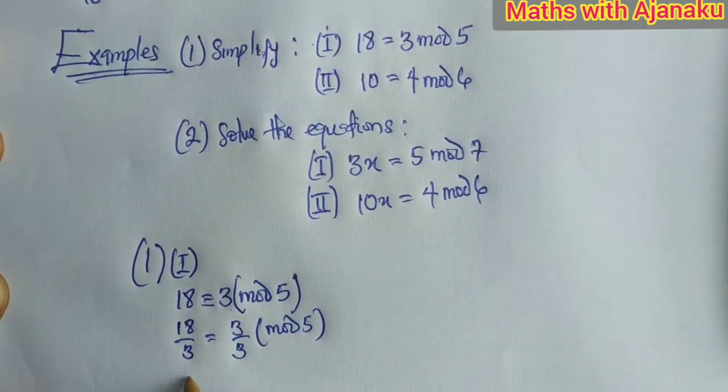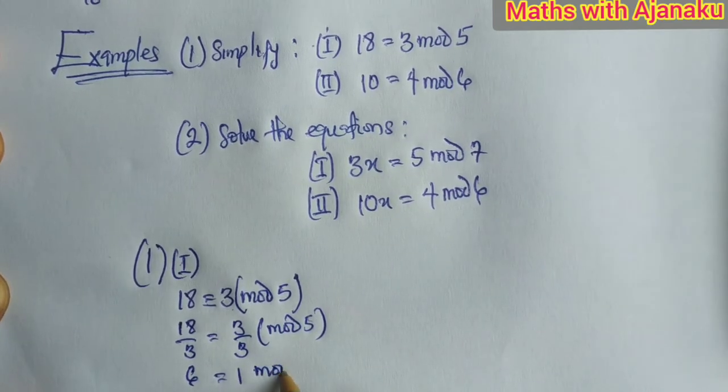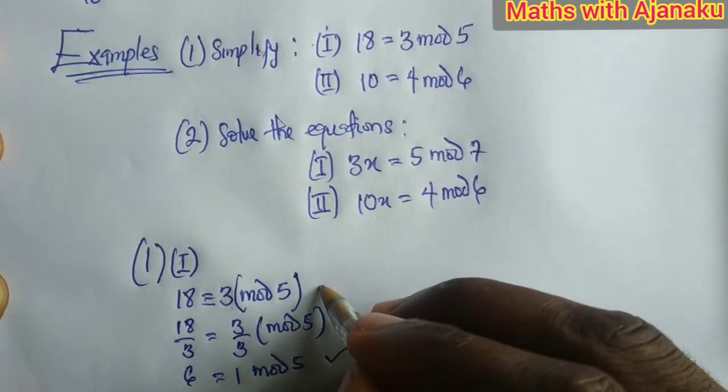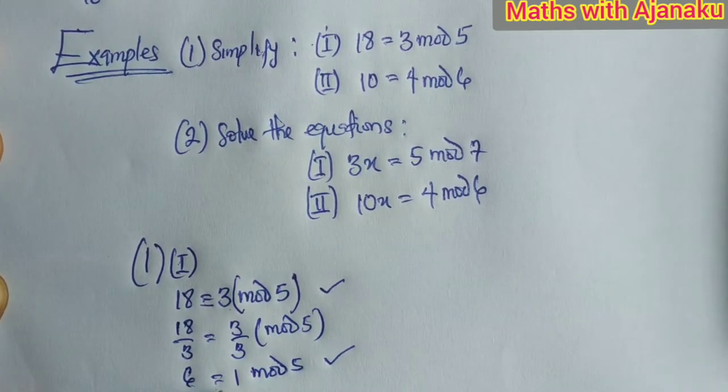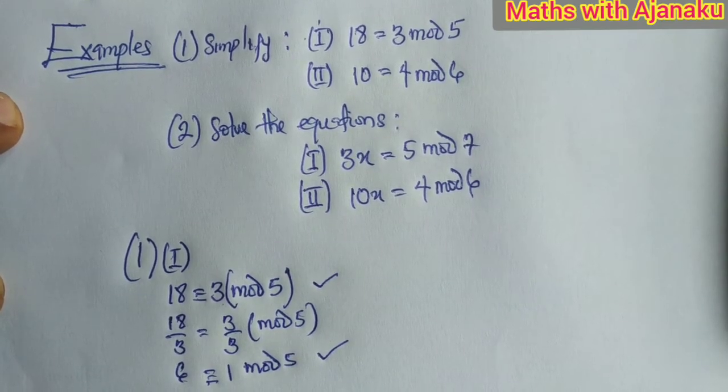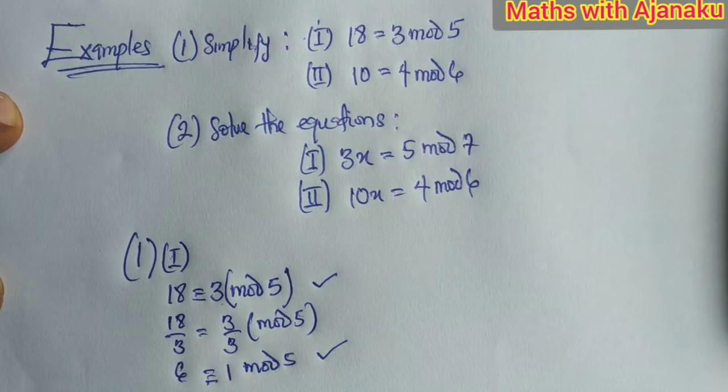And this gives me 6 equal to 1 modulo 5, which is very correct, because this is equivalent to this too. This is possible because the modulo is 5, which is a prime number.